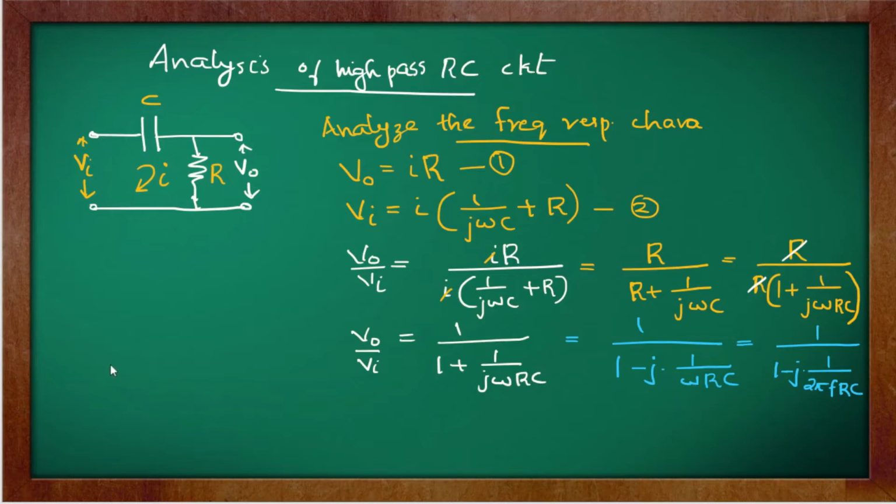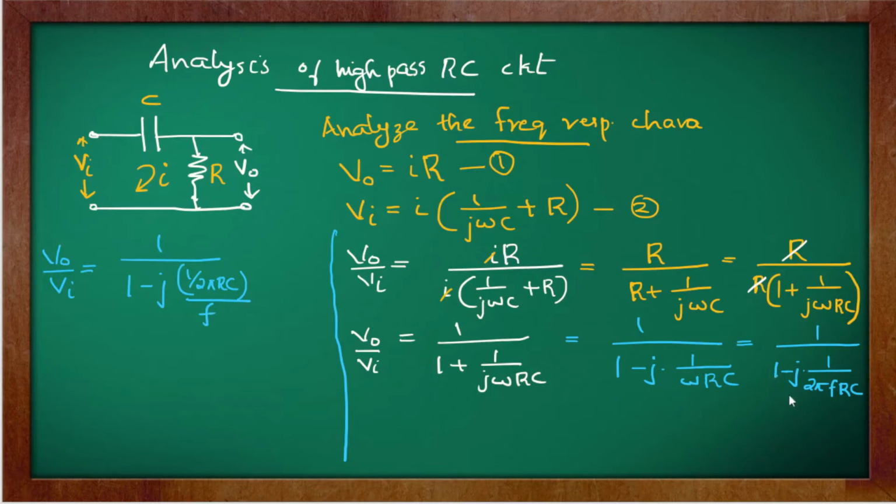So the expression for V0 by Vi is obtained as V0 by Vi is equal to 1 divided by 1 minus j into 1 by 2 pi RC, which I will write in the numerator, divided by f.